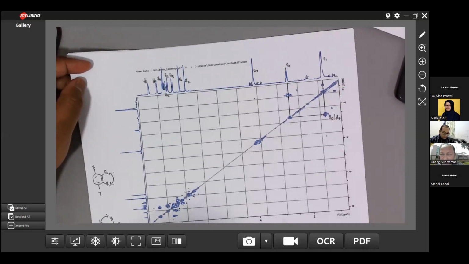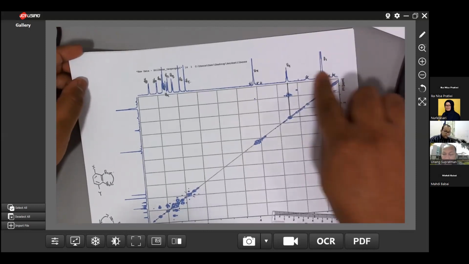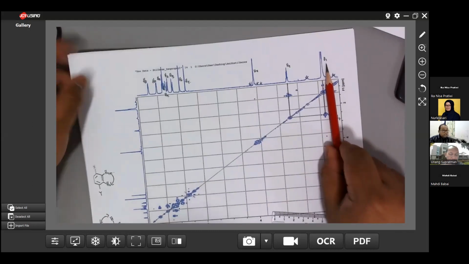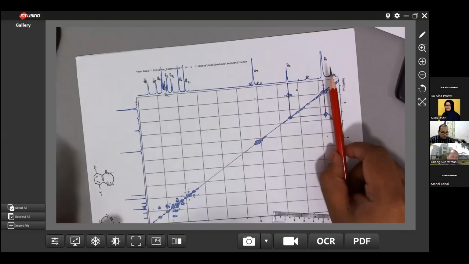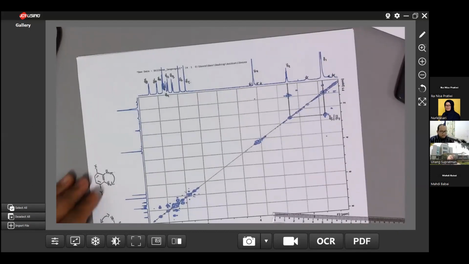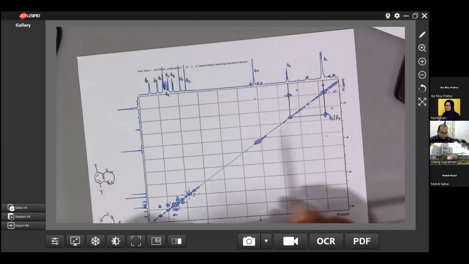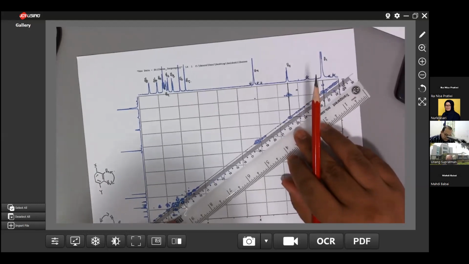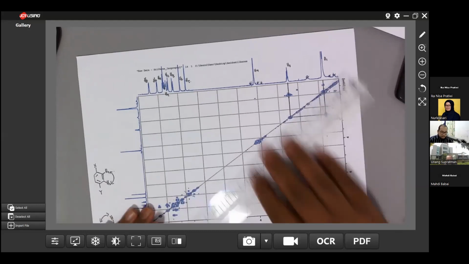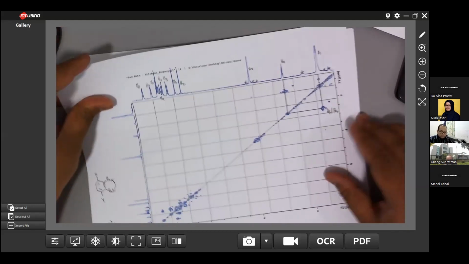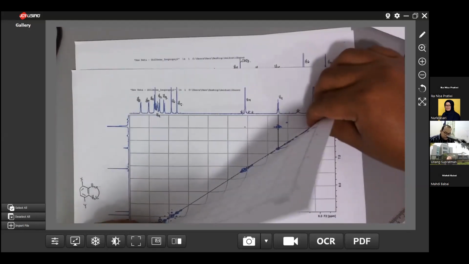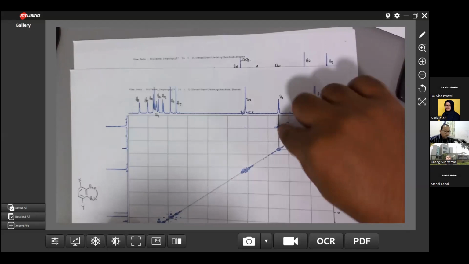You label again the proton numbers here, from 1, 2, we don't have 2 anymore, number 1 until here. After that, put the straight line here. The COSY is kind of like a mirror image. If you put it like this, you can see the reflections between two contours.